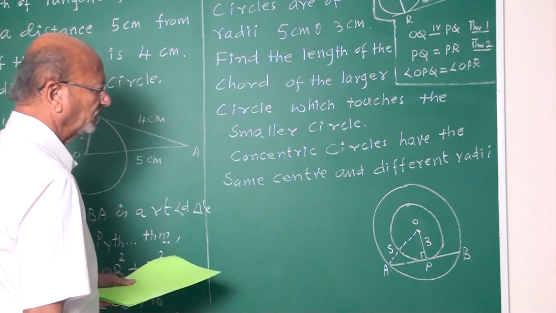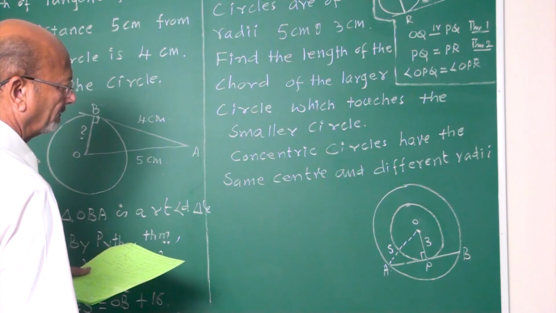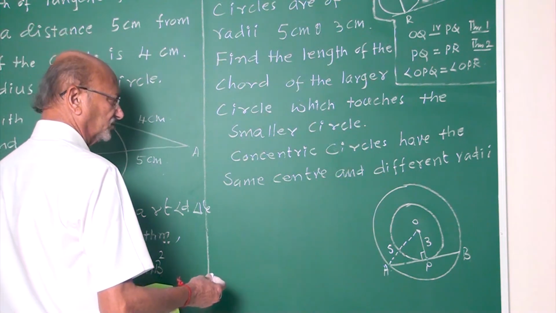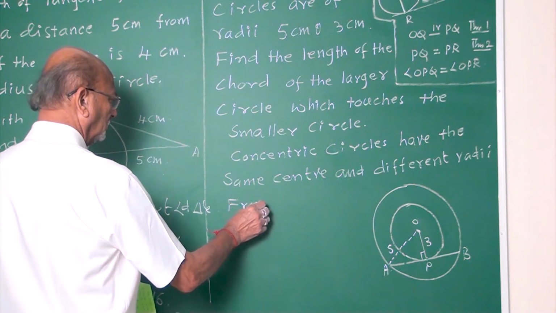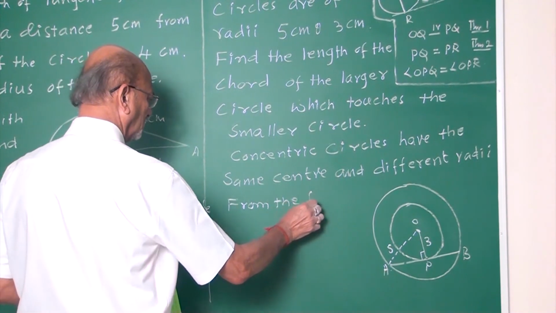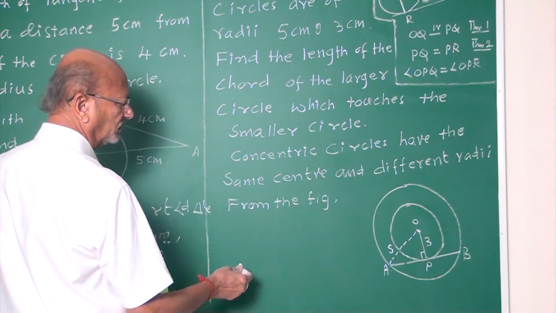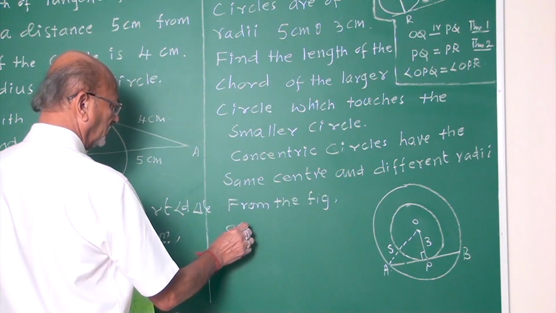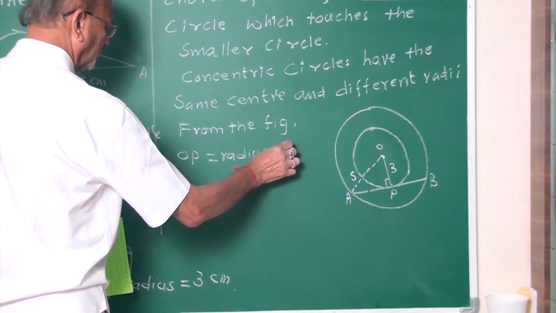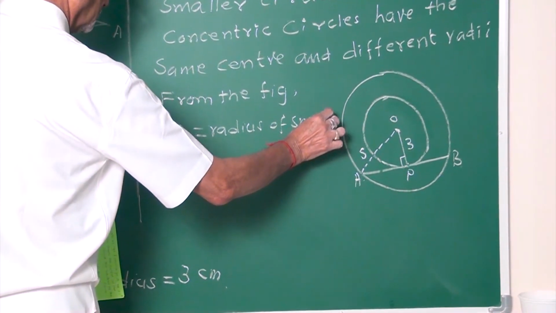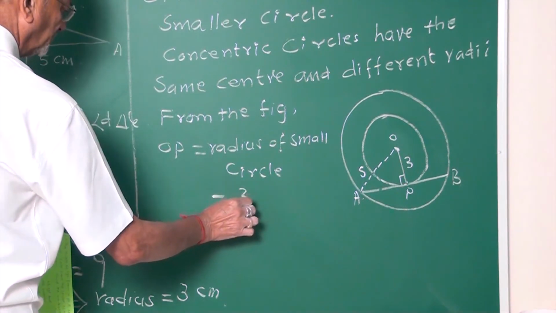Okay, you want to find AB. This is the figure. From the figure we have, given OP, radius of the small circle, which is given as 3 centimeter.